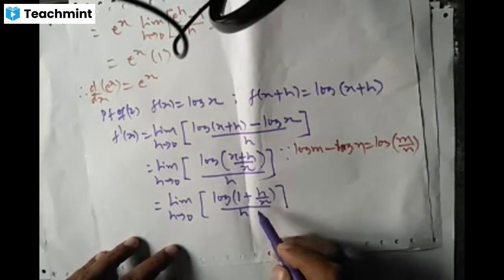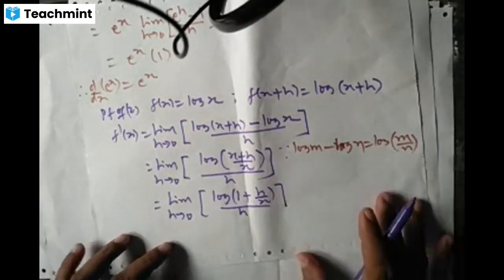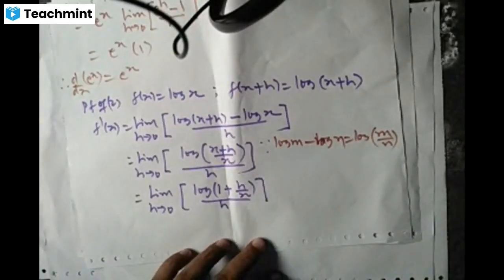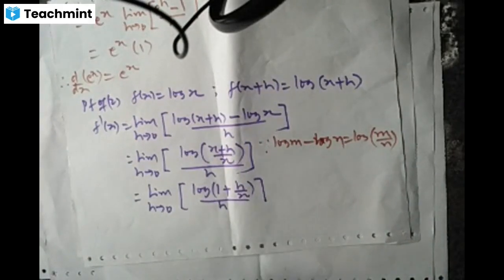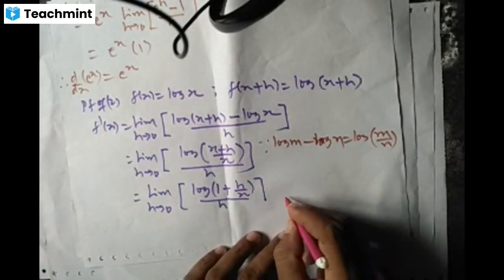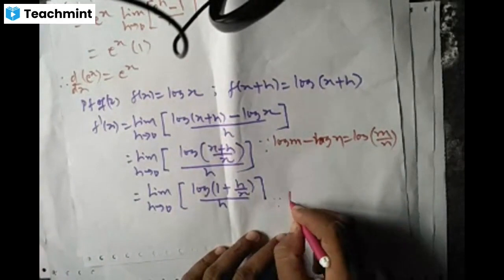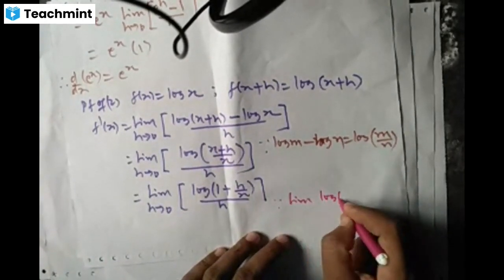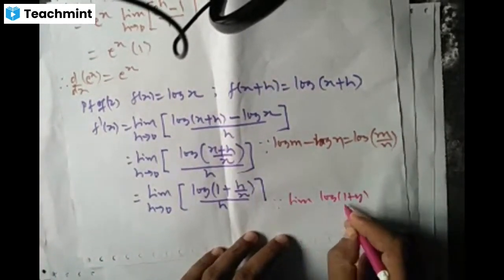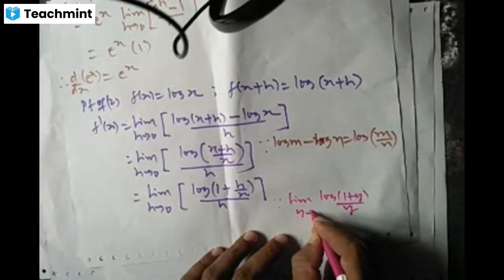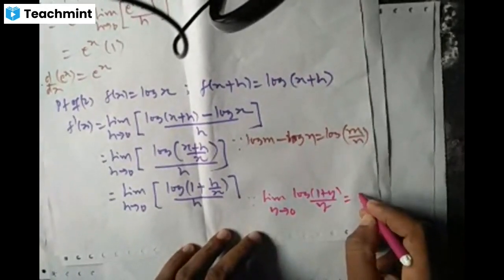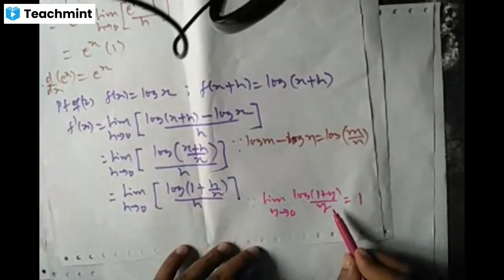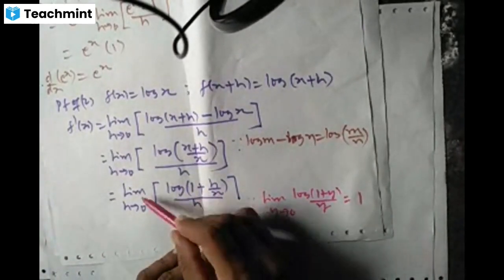So we have to use one of the standard limits: the limit of log of 1 plus y by y as y tends to 0 is equal to 1. We have to use this standard limit to evaluate this limit.